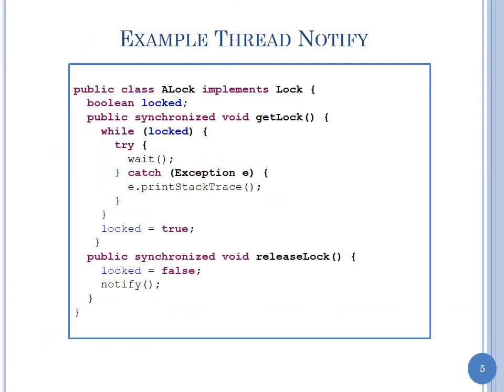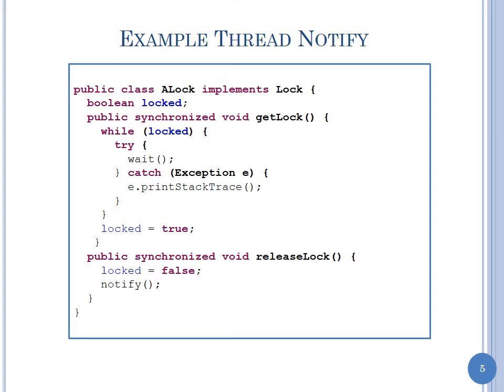So that's our notification in the context of the observable pattern. And let's look at the lock example to show the notification in the case of thread coordination. So we have a lock object with some state, locked. It has a getLock method, and this method checks the lock condition, and if the condition is false, then it sets lock to true, otherwise it waits.